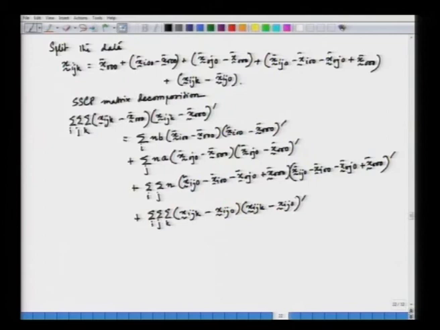So, this splitting gives me, let us denote these matrices by letters. This is the total sum of squares and cross product matrix, denoted by T. Then the first one on the right-hand side is A for factor A, the second one is B for factor B, and the third one is the interaction effect, so let us write AB for this.